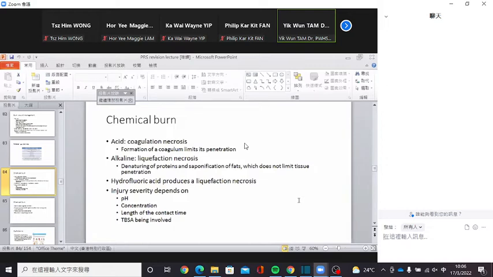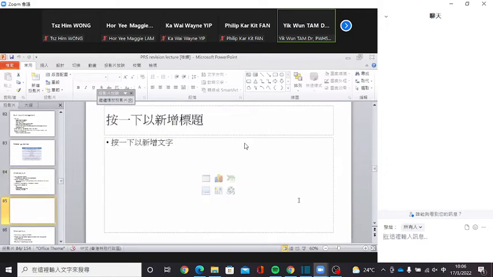So alkaline is more damaging than acid because they penetrate deeper. And for acid, when a coagulum is formed, usually the penetration stopped. Exception is hydrofluoric acid. It gives liquefaction necrosis, and the injury severity depends on the pH, the concentration, the length of the contact time, and the TBSA being involved.